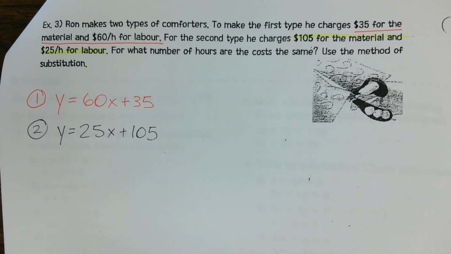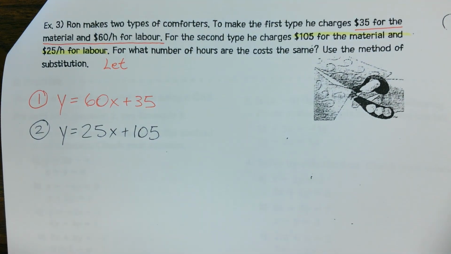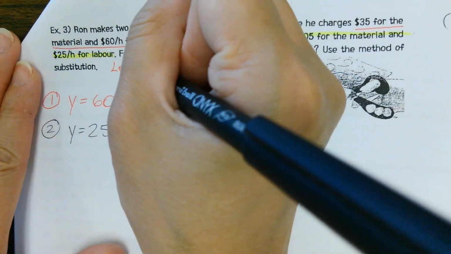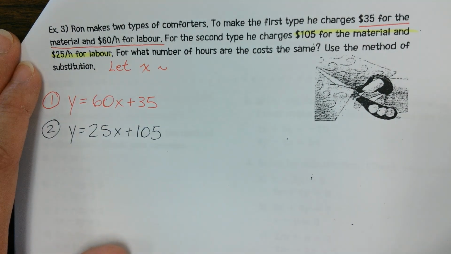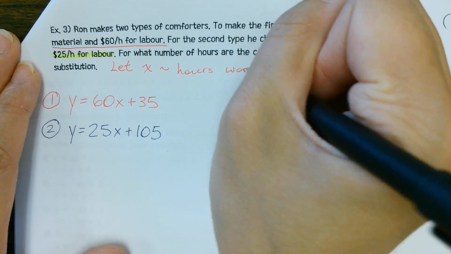I'm not so picky about defining variables, but for good practice, especially when you get into grade 11, you do want to define your variables because right now I don't know what x and y are. So what is x? What does x represent? Yep. Hours worked or number of hours.